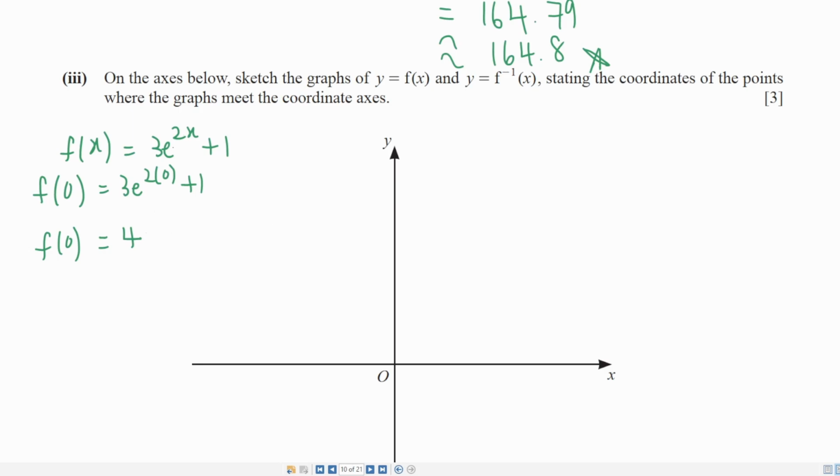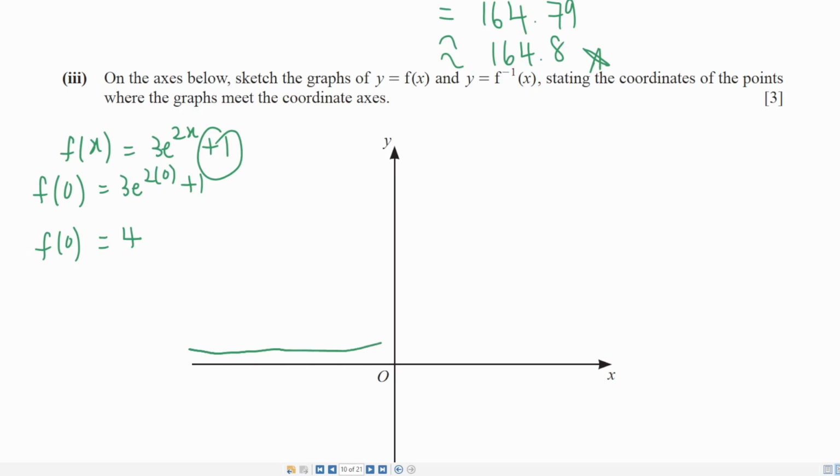Now, since this is a double positive graph, meaning that 3e being powered to the 2x and everything's positive, this will be in the first and second quadrant. We know there is no x-intercept for this graph as well, because of the plus 1 to the back here. This is the asymptote, and it will always be positive, right?